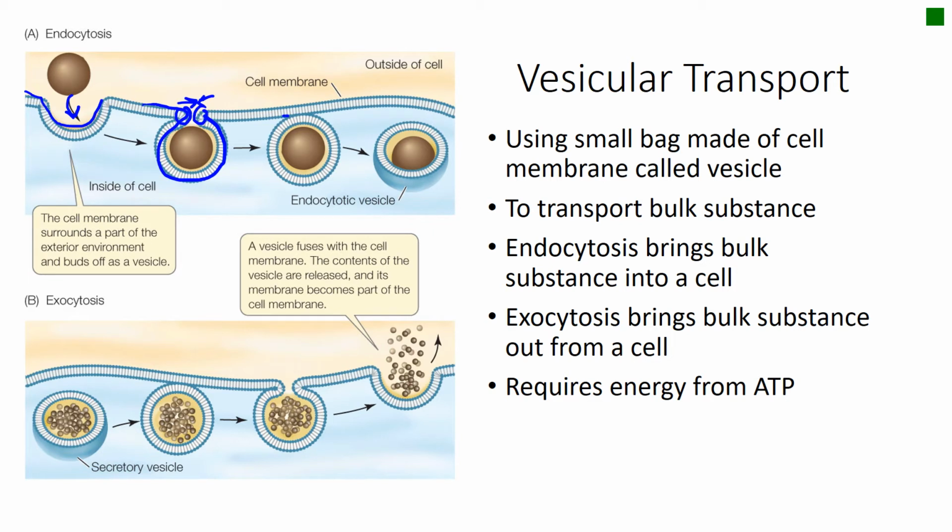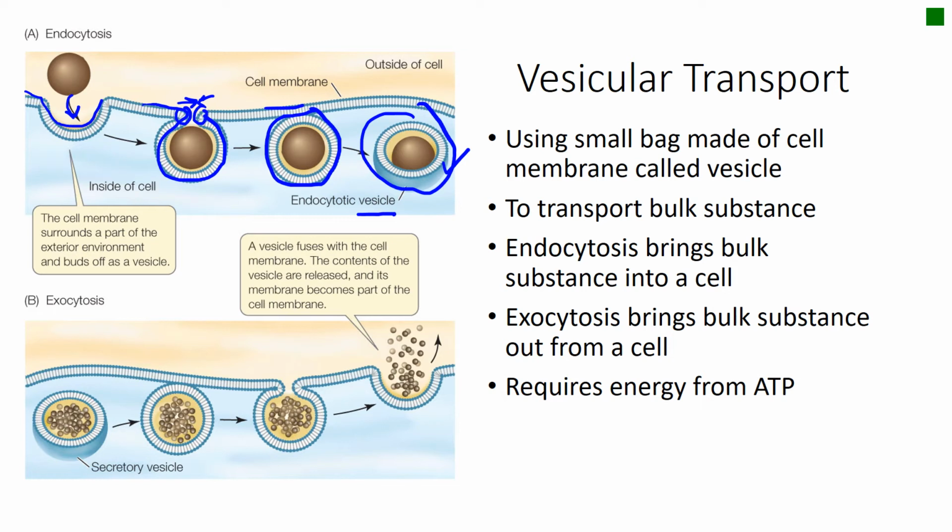And then at one point, they will separate from the large plasma membrane and create a small bag made of the plasma membrane. This is called a vesicle. Now you can see from here, the big giant molecule is already inside the cell, covered by a plasma membrane or vesicle.